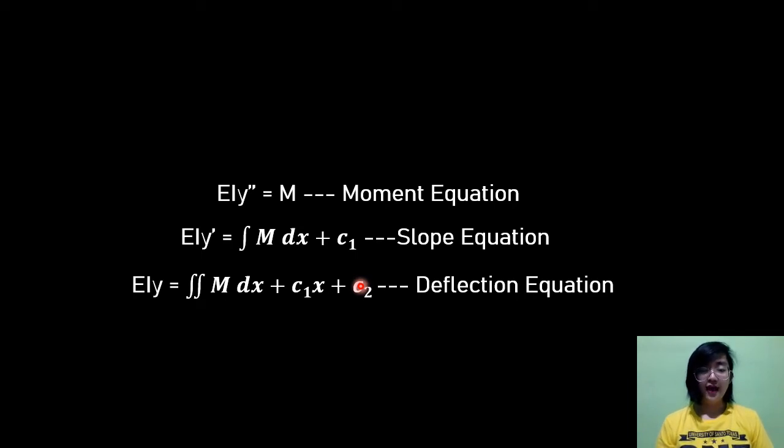So if you integrate the moment equation, you get the slope equation, and if you integrate it twice, you get the deflection equation. The moment equation can be derived by taking a moment about a cutting plane. Also, take note that the number of segments depends on EI and supports.